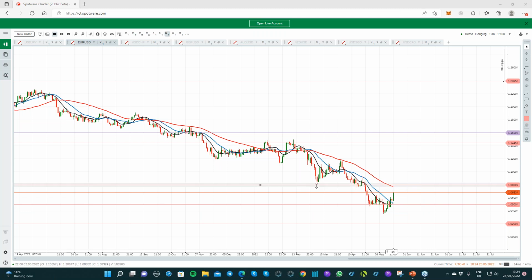That also happens to be this previous low here, and it also happens to be around the area of the 50 moving average. So quite a steady equilibrium point that we can see price has reacted to quite a lot in the past. On this daily time frame, this is really the area that I'm looking for price to return to, and if it does, then I will be looking for price to turn around.